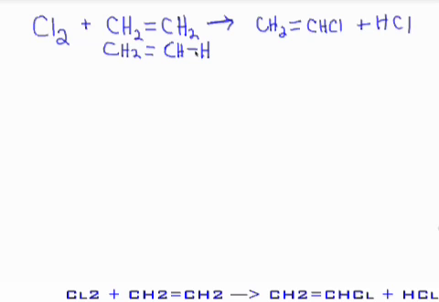We'll draw the half reactions for these, draw the individual steps through a free radical process. Well, Cl2 can go to 2 Cl dots. That is the Cl-Cl bond breaks, and we get 2 Cl dots.